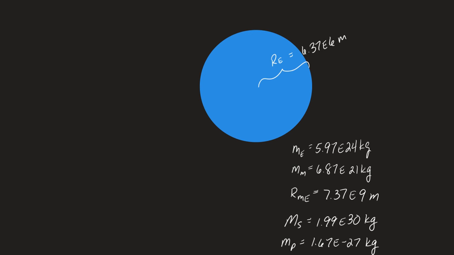And the Earth has a radius of 6.37 times 10 to the 6th meters. And the mass of the Sun, 1.99 times 10 to the 30th kilograms. And the mass of a proton, 1.67 times 10 to the negative 27th kilograms there.